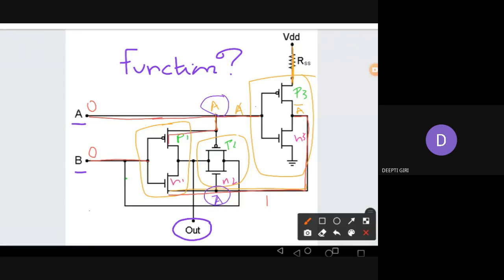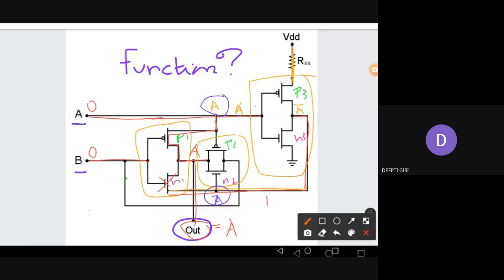This PMOS is on, and the NMOS is off because the gate input is 0. Right? PMOS is on, so A is coming here at this point, and the output is just getting the value A. Okay, so we got the output A.